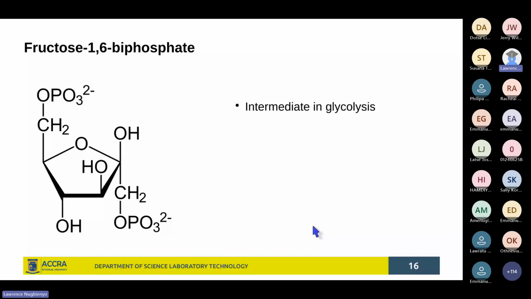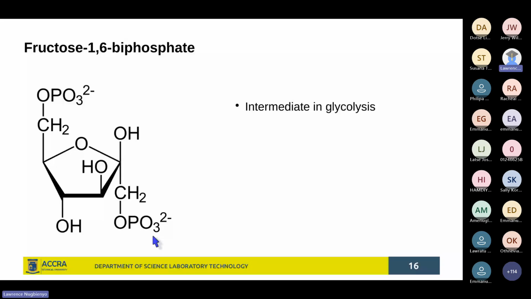Along that pathway, you come across fructose 1,6-bisphosphate. Remember, the glucose molecule is to be broken down into two, and the two will have 3 carbons each, and each of them will be phosphorylated.